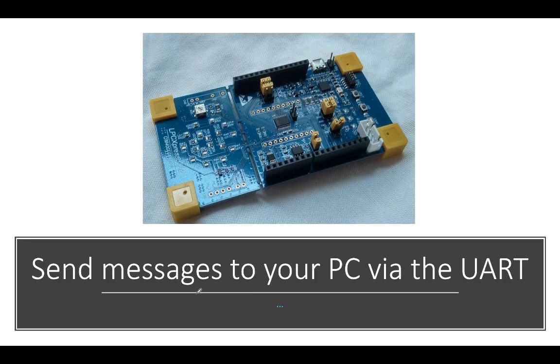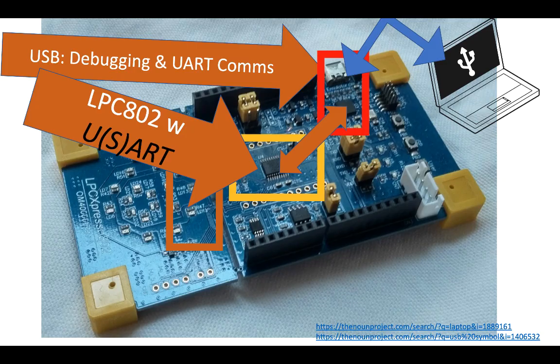So what we're going to do now is send messages from the PC or to the PC via the UART on the microcontroller. All right, so the way we do that is we are going to take this microcontroller, and send information from it into the debugger that's found on board the board.